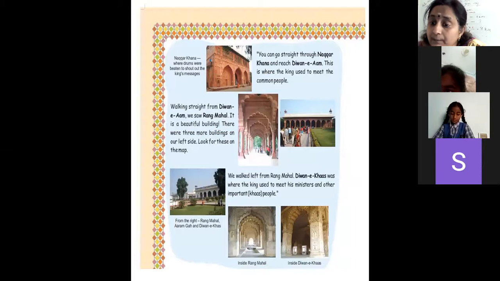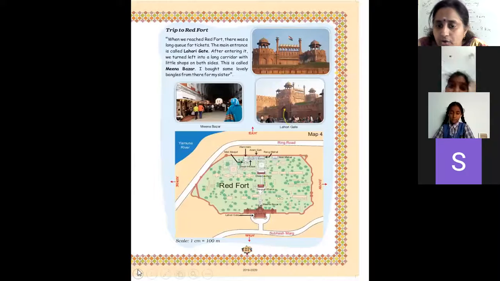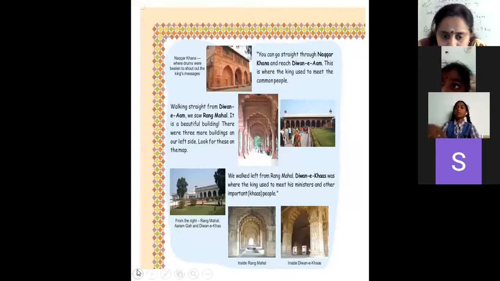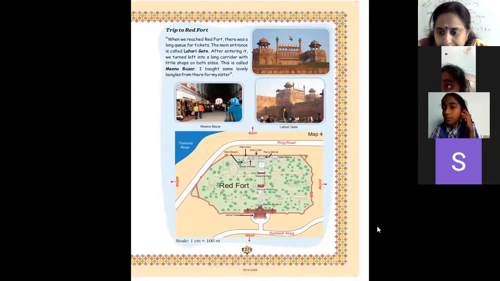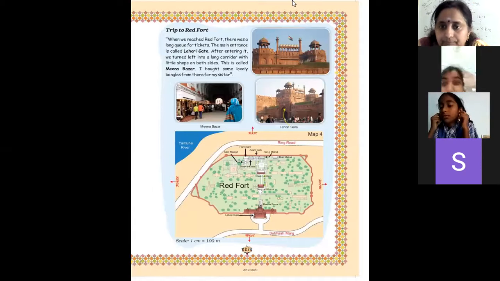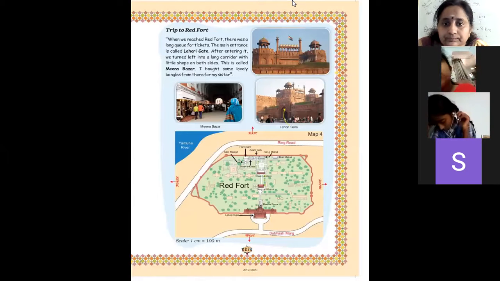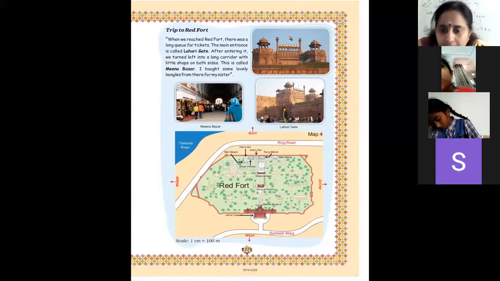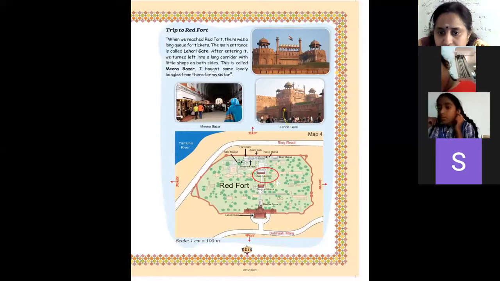Next, walking straight from Diwan-e-Am, we saw Rag Mahal. It is a beautiful building. There were 3 more buildings on our left side. Look for these on the map. See here, Diwani Am is there.